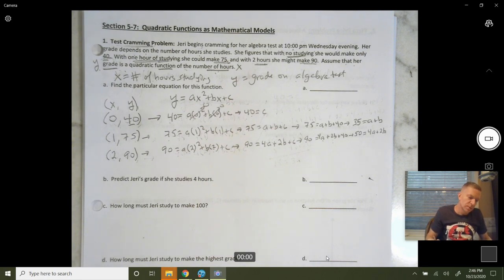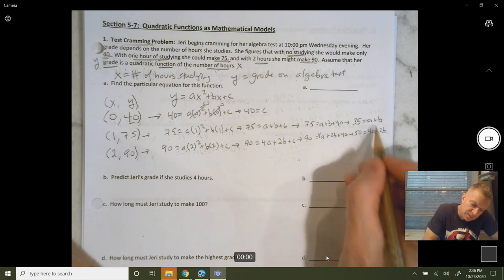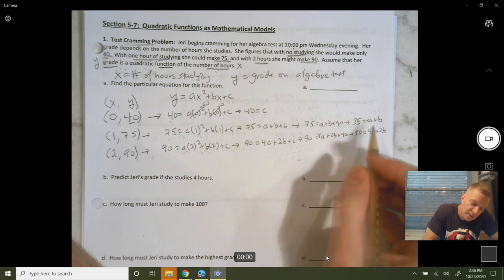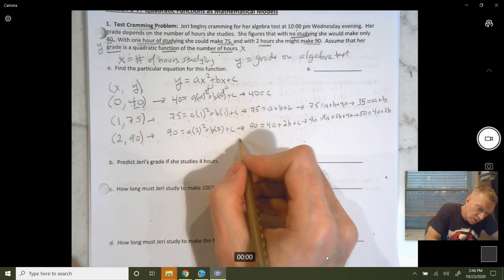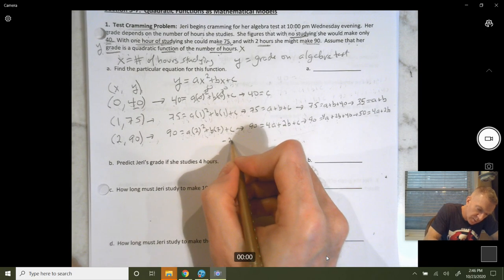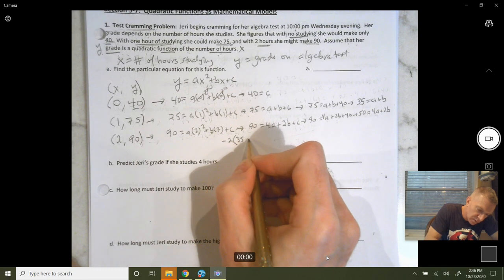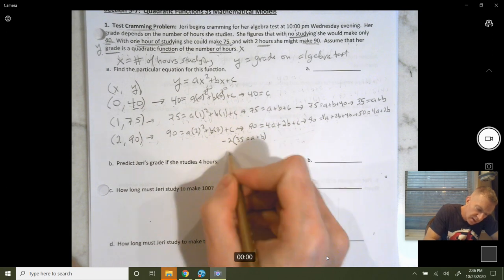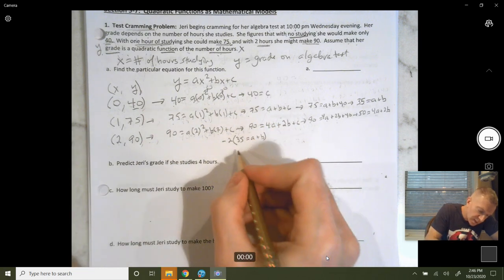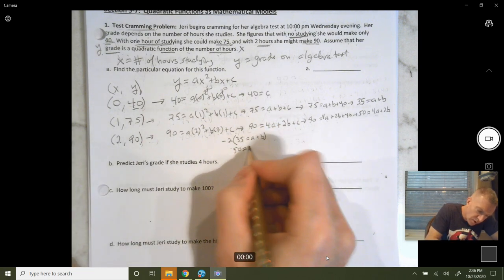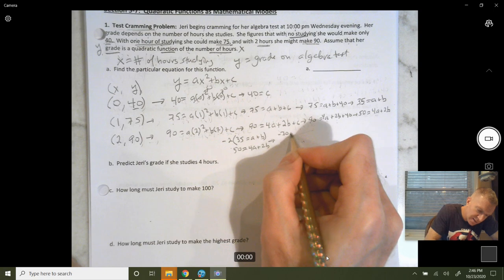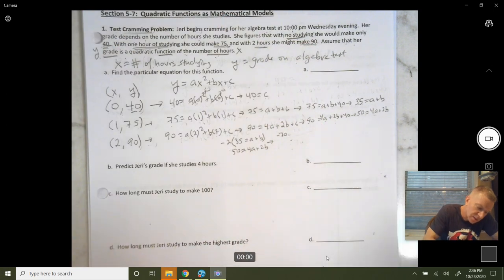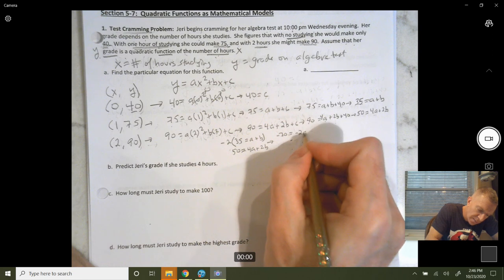And next thing, let's eliminate one of the a's or the b's. So if I take the first equation and multiply by -2, okay, I'm going to come down here. -2 times my first equation, 35 equals a plus b. And then I've got, bring down the second equation, 50 equals 4a plus 2b. Okay, so that's -70 equals negative 2a minus 2b.